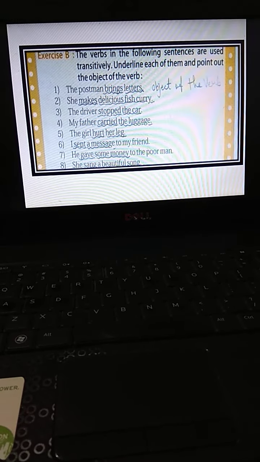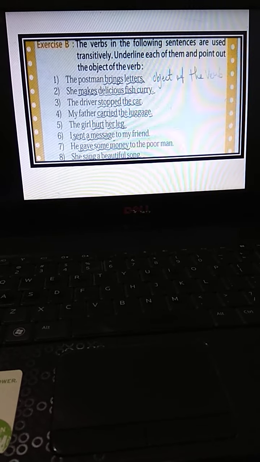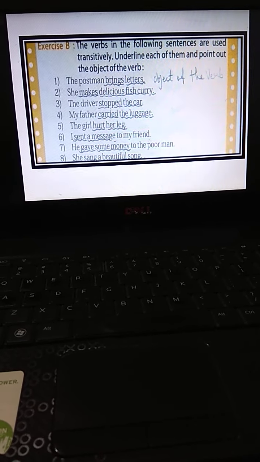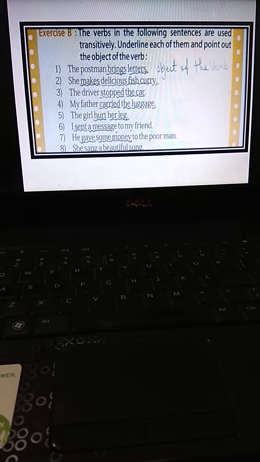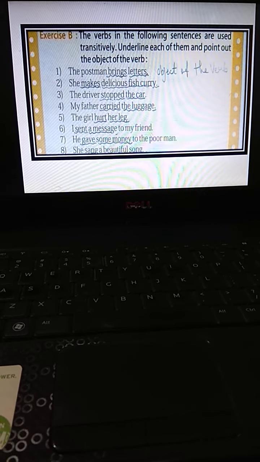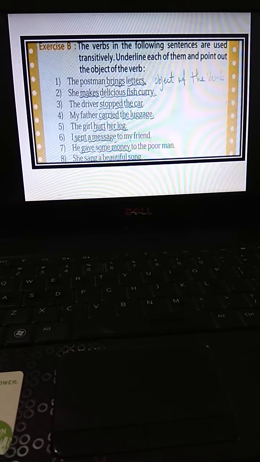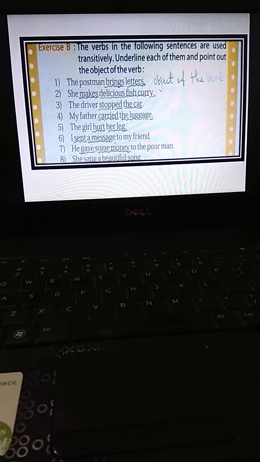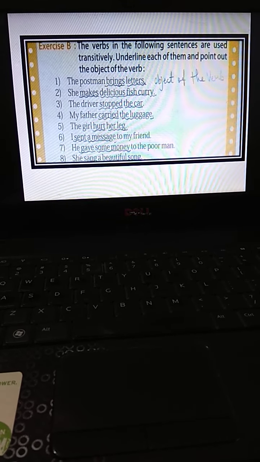1. The postman brings letters. Brings, and letters, object of the verb. 2. She makes delicious fish curry. Makes, and delicious fish curry, object of the verb. 3. The driver stopped the car.